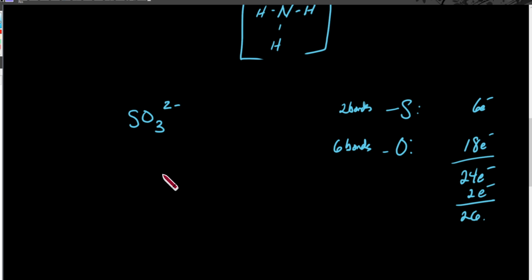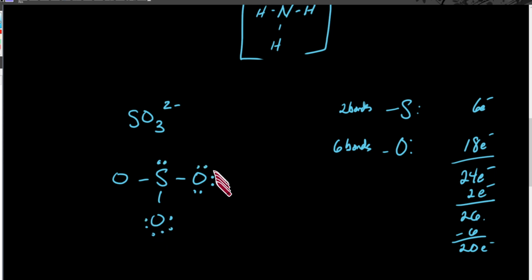So, sulfur, oxygen, oxygen, oxygen. All right, so there's 6 right there. Minus 6 is 20. And so we've all got our bonds. We're going to start throwing our electrons out there. So sulfur needs a pair. Oxygen, oxygen.